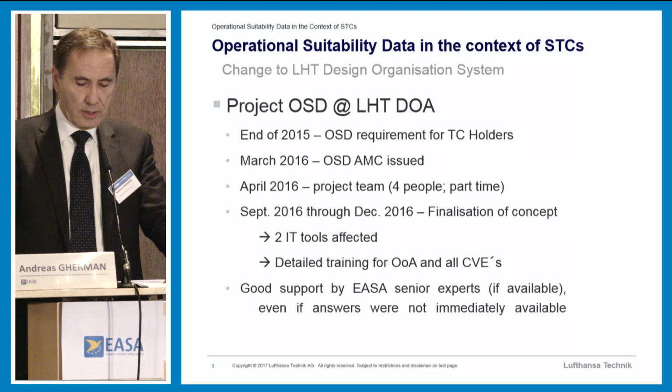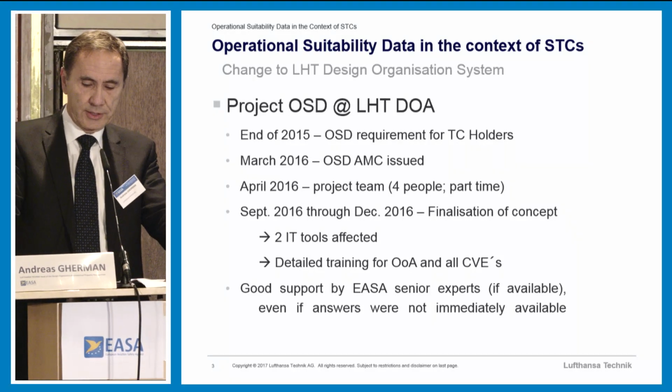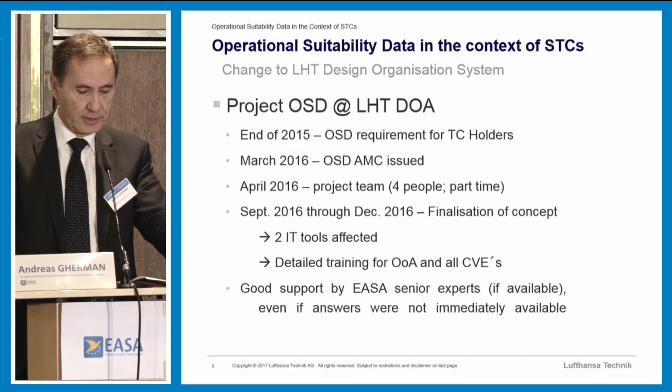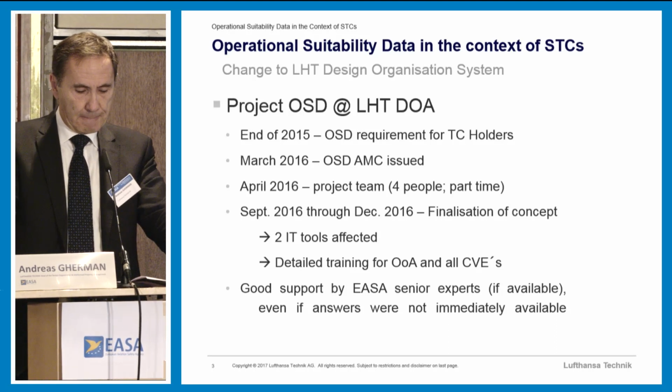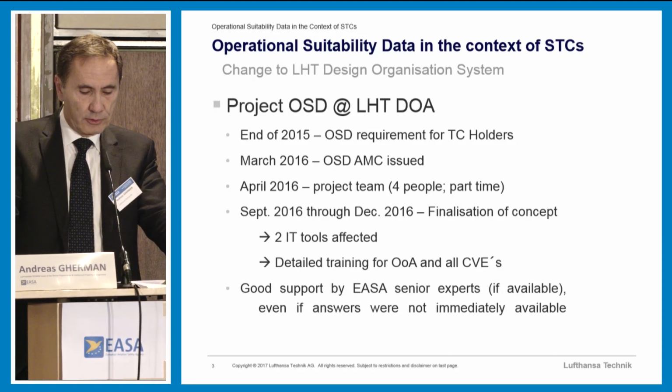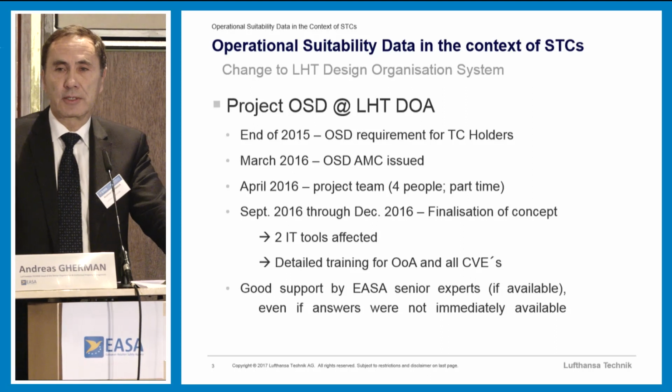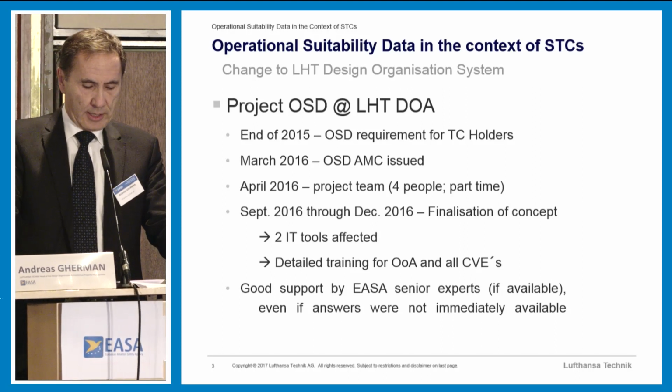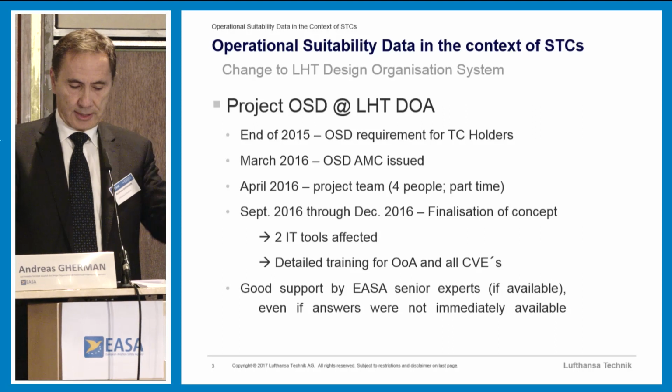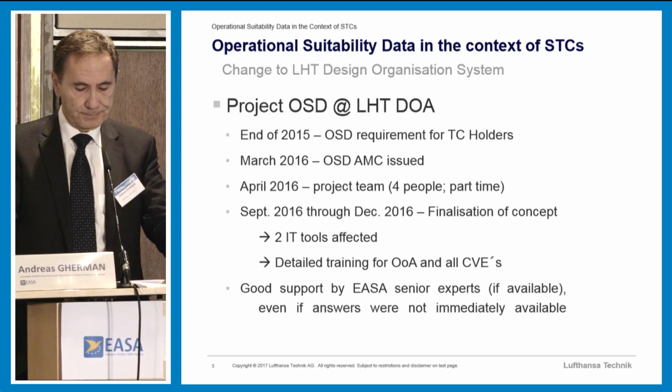Quick overview. What did we do? When was it? What was the time scale of our activities? We started, as you know, at the end of 2015, when the OSD requirements became mandatory for TC holders. In March 2016, the OSD AMC was issued.